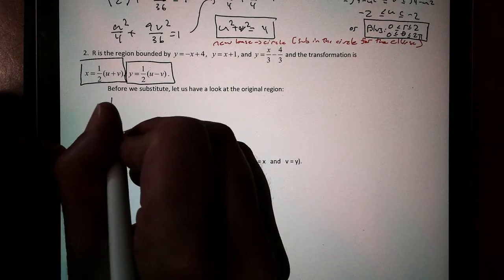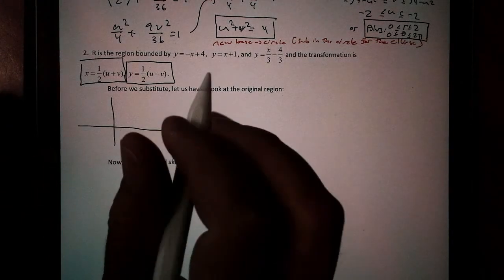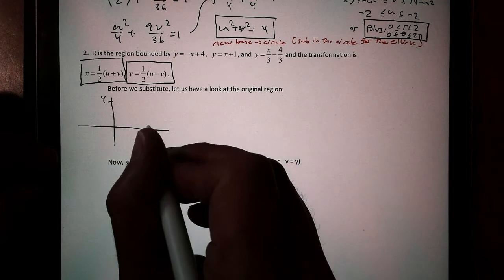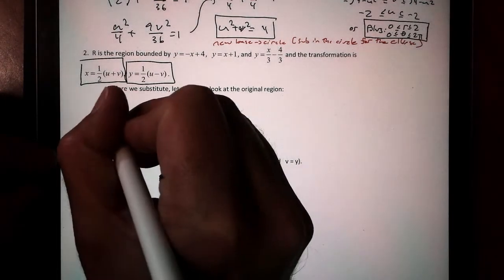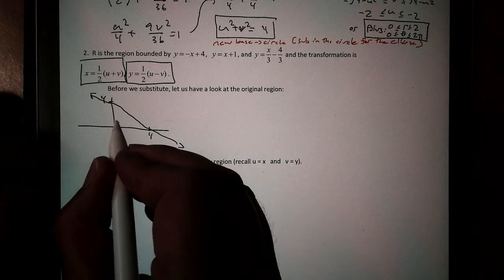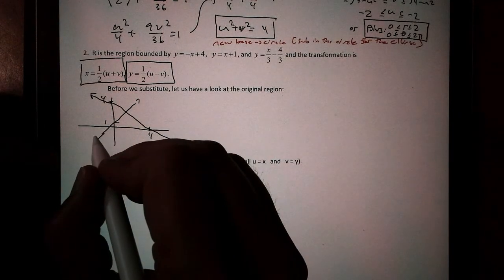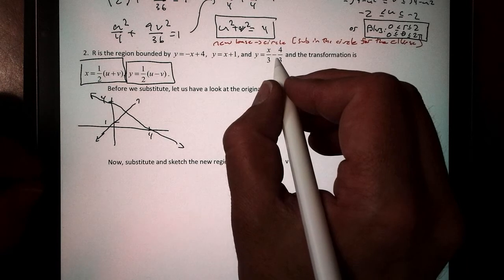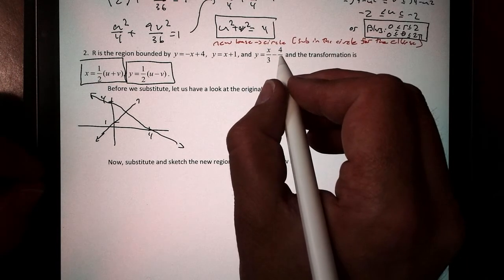So I'm going to graph this. Our first one, y equals negative x plus 4. So 4, there's our first line. It goes on forever in both directions. Next, x plus 1. There's 1. And the last one is x over 3 minus 4/3.